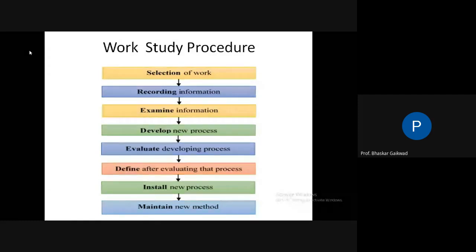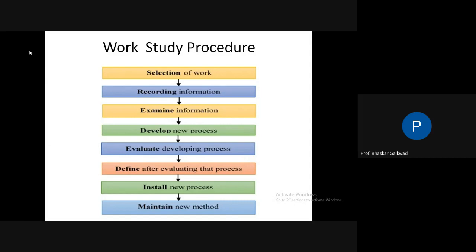So while writing in our theory exam papers, this point always requires: what is the procedure for work study? You can explain this with these brief points: selection of the work. You can give the name of the work. Just as I have given, manufacturing of gear blank in our production centers. Then recording the information, whatever is going on, and examination of this.